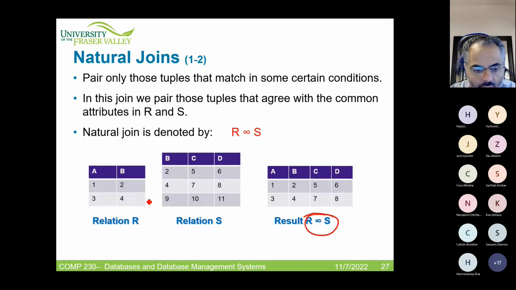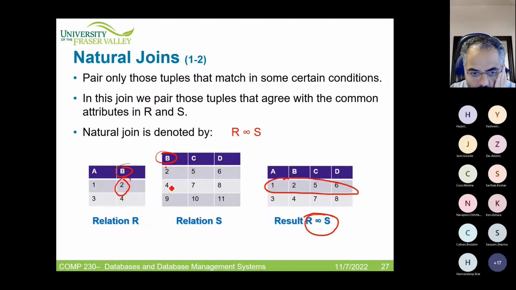So we will take the first record, and check whether in the common attribute, which is B here, we have a common value in this row. We have 2 here and we have 2 here. So yes, we can take it: 1, 2, 5, 6.